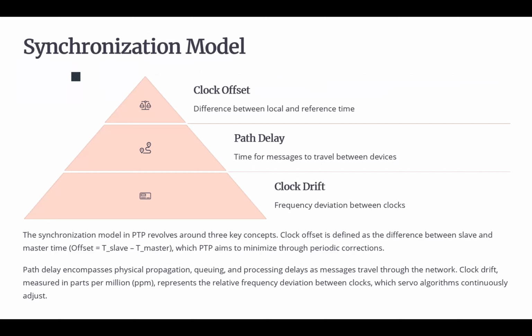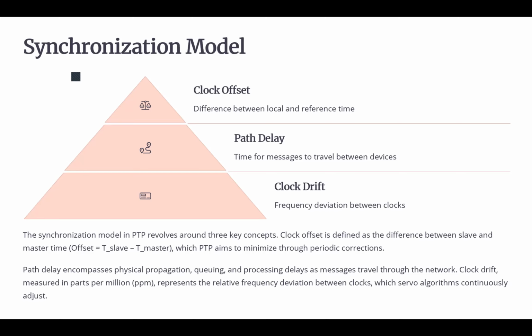Basically, PTP's goal is to minimize that offset, so it's continuously adjusting the slave clock to match the master time. It exchanges time messages, detects how far off the slaves are, and then nudges them back to align with the master.